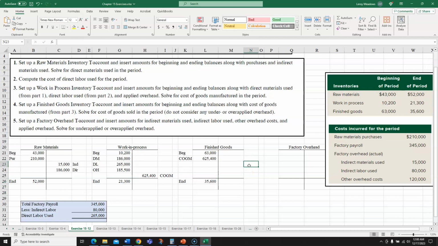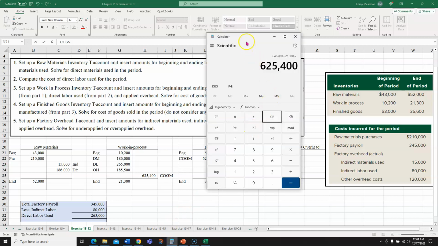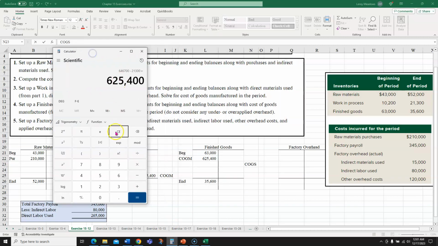So what I'm asked to do is determine cost of goods sold. So what am I going to do? I'm going to take my beginning balance, 63,000, plus my cost of goods manufactured, 625,400, and subtract out my ending inventory balance, 35,600.